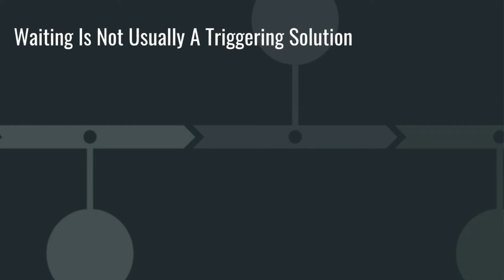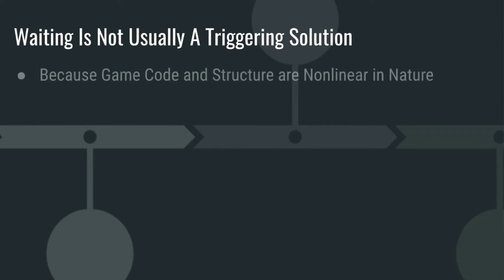That seems like a really obvious thing to do. Especially if there's a lot of sounds loading at the beginning and you want to wait a little bit, maybe wait 10 seconds and then load some stuff later on. Well, waiting is not a great triggering solution. The reason for this is that the game code and structure are non-linear in nature, essentially.